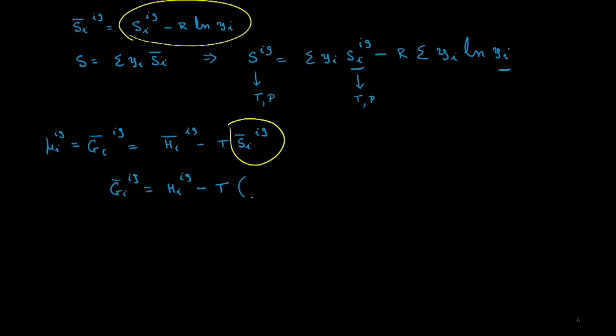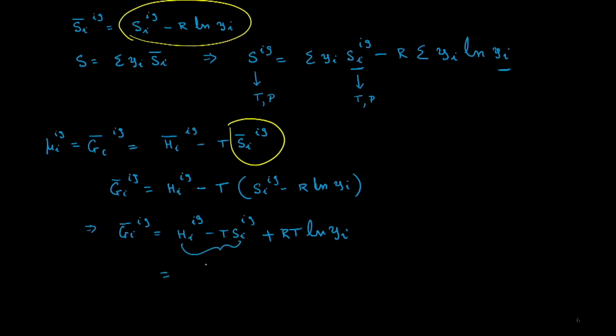So that will be Si^IG minus R ln yi. So Gi bar IG will be Hi^IG minus T Si^IG plus RT ln yi, or this quantity here is Gi for the pure component plus RT ln yi.